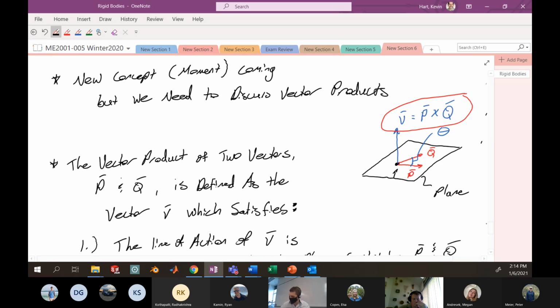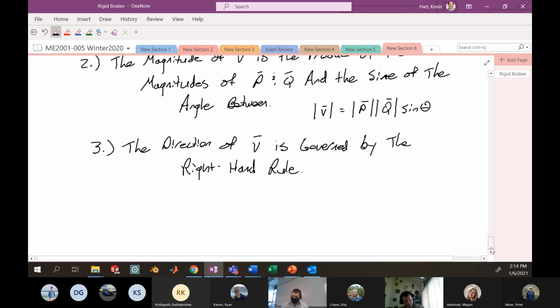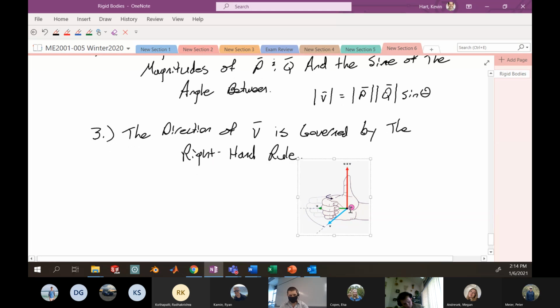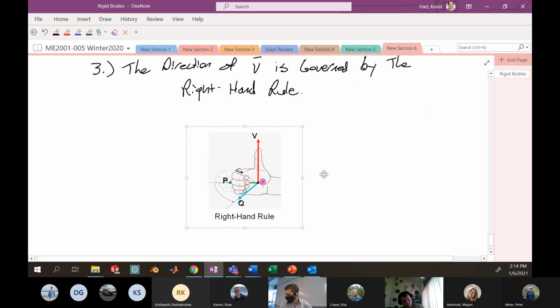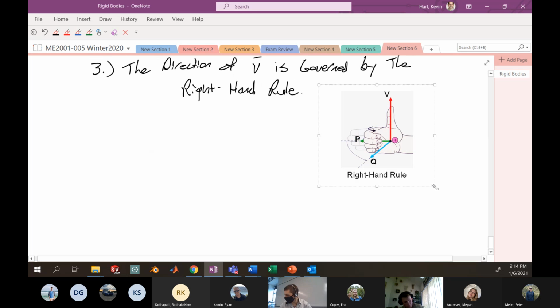You might visualize this with a picture that we have in the notes. You can try to draw this if you're a good artist, but I'm not going to even attempt this. Here is a picture from the notes of your right-hand rule.